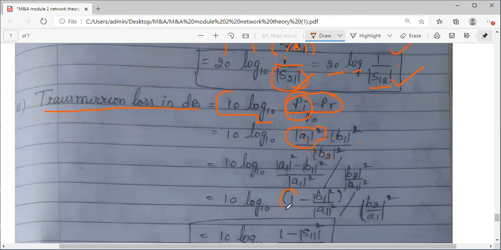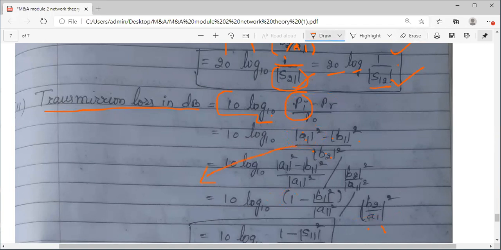You can see I have taken A1 common. What will you get? 1 minus B1 by A1 squared, and whatever A1 I have taken common, that I have taken to the denominator. Let me just clearly show you the steps.